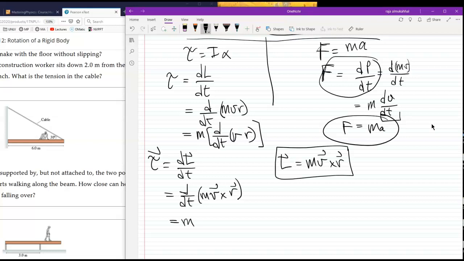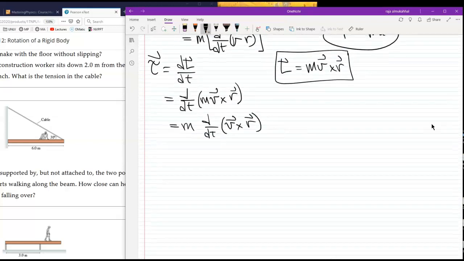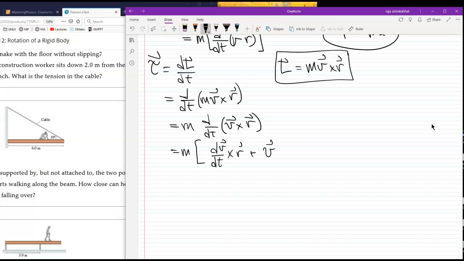The mass can be kicked out if we assume the mass is constant. It's not necessarily true. It can be variable, such as a rocket motion or something. But anyway, if I take the derivative here, I have to use the product rule. So it becomes dv/dt cross r plus v cross dr/dt, correct?